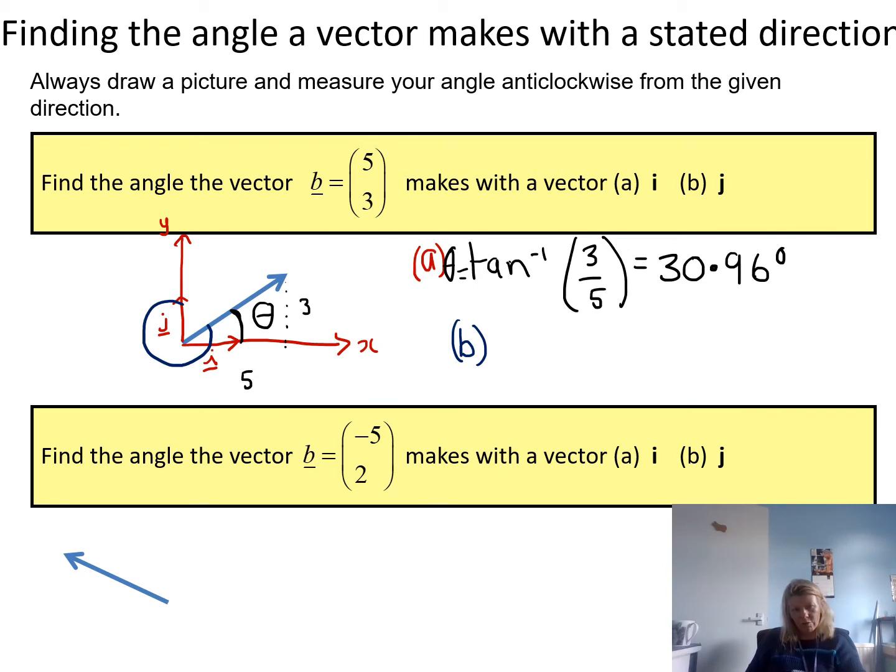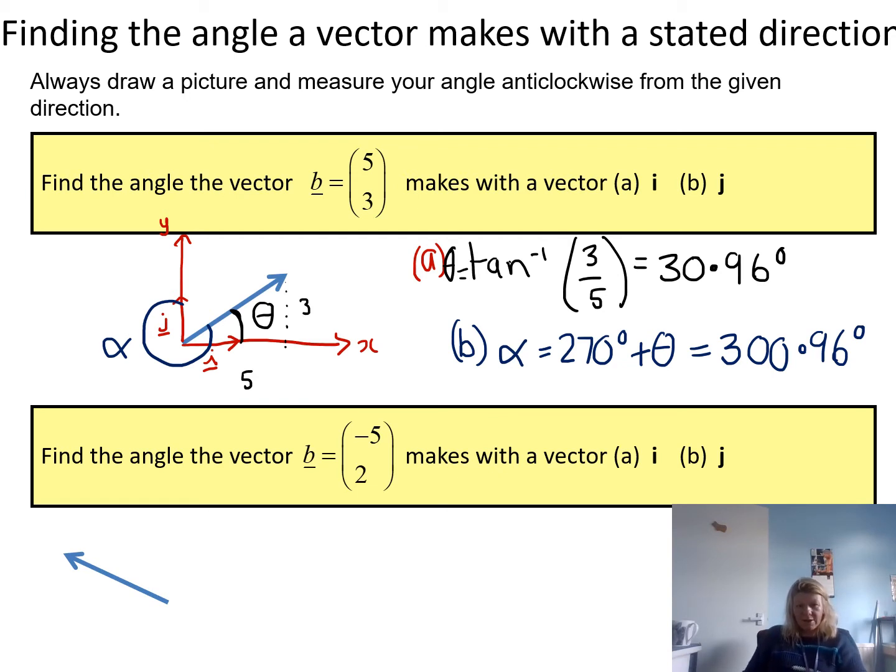Or we know that going around here to there is 270, and then we could just add the angle theta. So if we call this angle alpha, alpha will equal 270, so that gets you from there all the way to there, plus theta. And if we do that, that's that 30, if you add that up, that gives us 300.96 degrees.